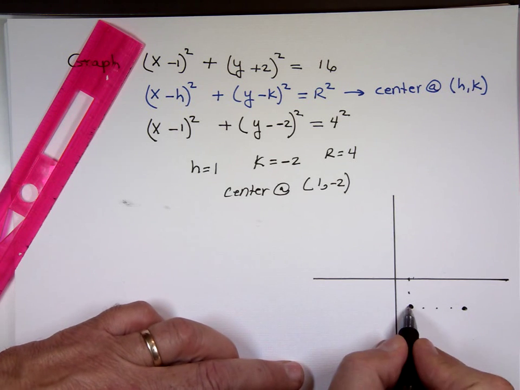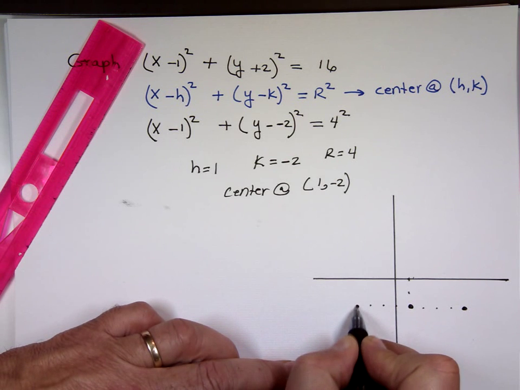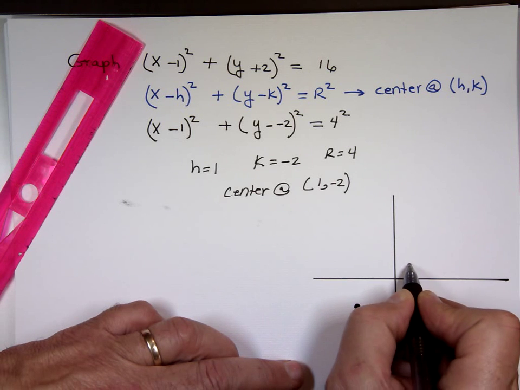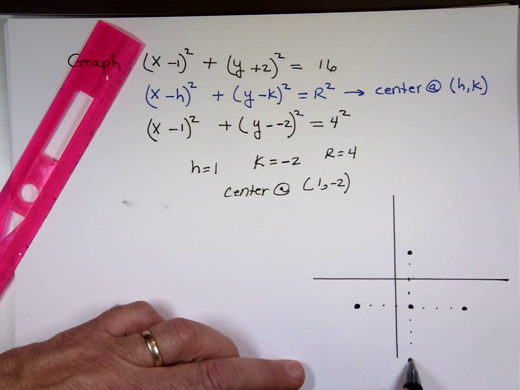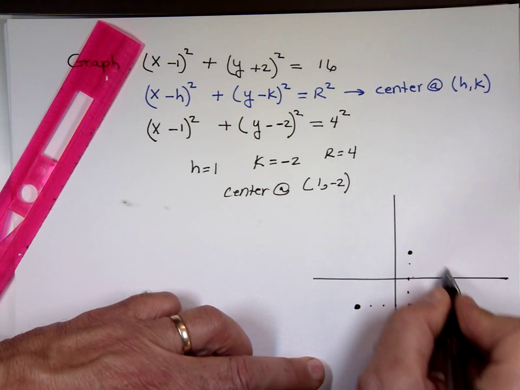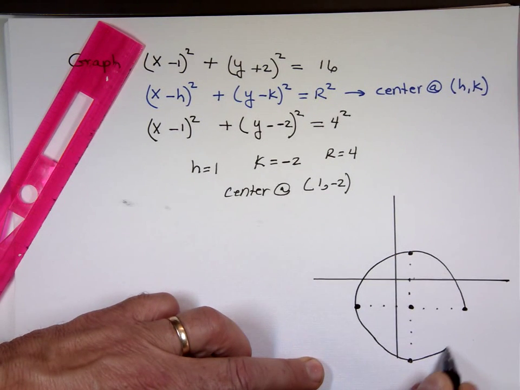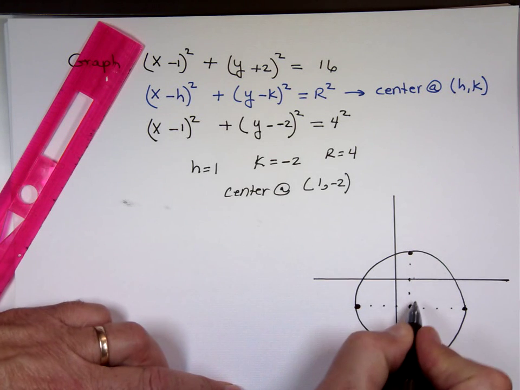Let's go 4 to the left. 1, 2, 3, 4. Let's go 4 up. 1, 2, 3, 4. And let's go 4 down. 1, 2, 3, 4. Your graph is that's your circle. Has a center of 1 and negative 2. That's this center here.